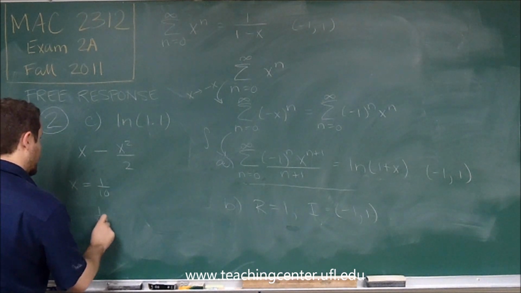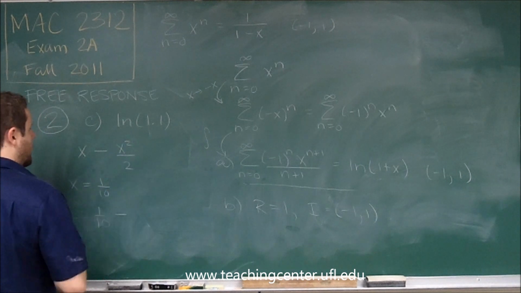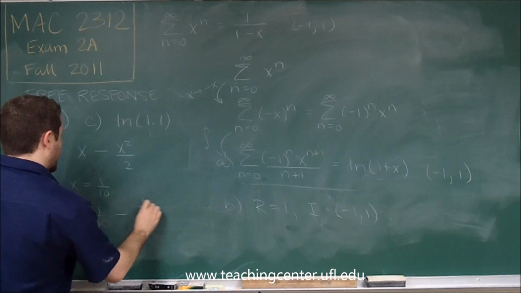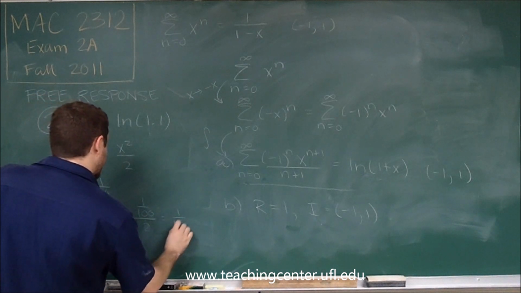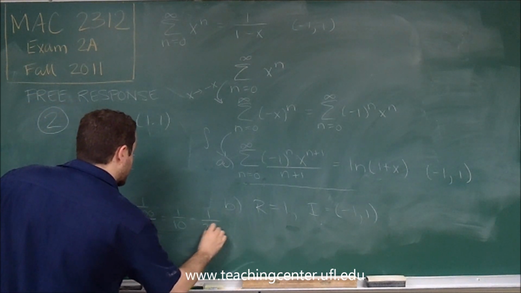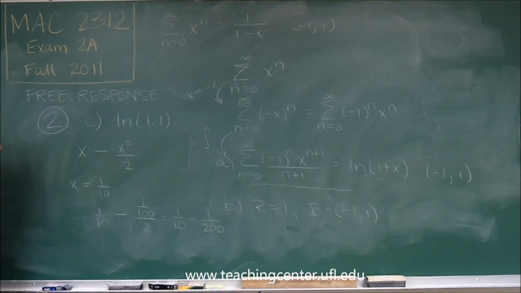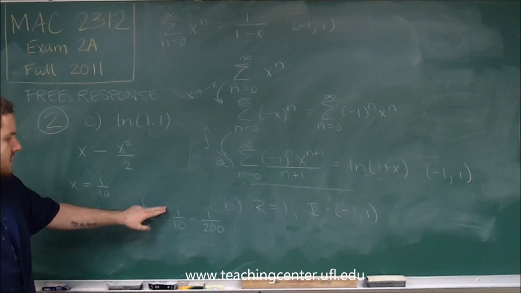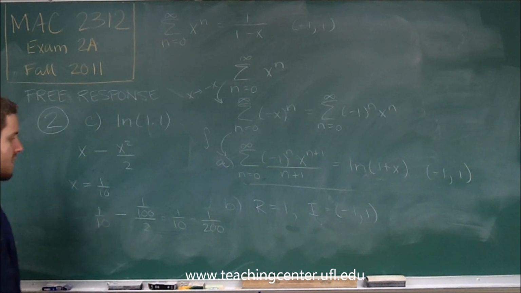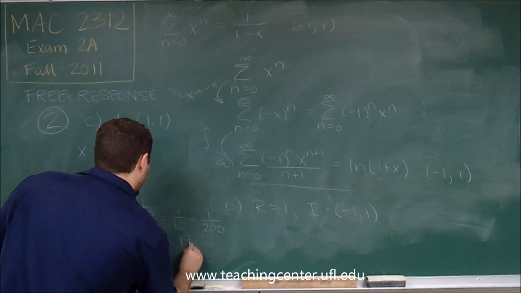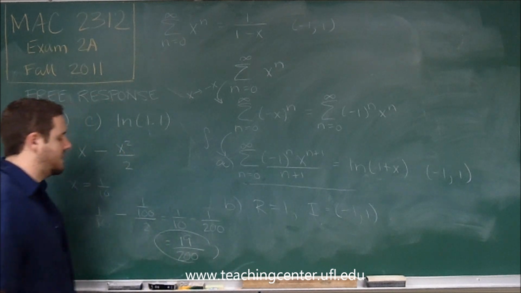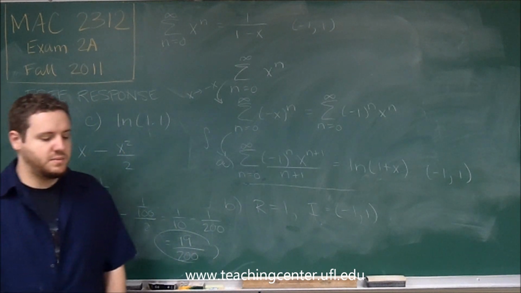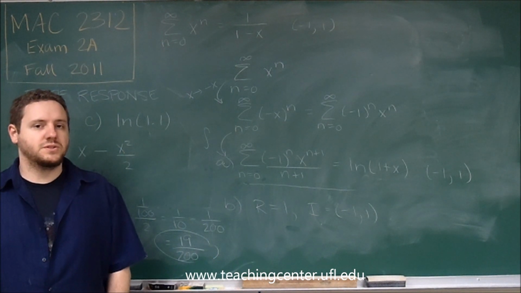So we get 1/10 minus 1/10 squared would be 1 over 100 over 2. In other words, 1/10 minus 1 over 200. If you get a common denominator here, this would just be 20 over 200. So finally we get 19 over 200 is our approximation using the first two terms.